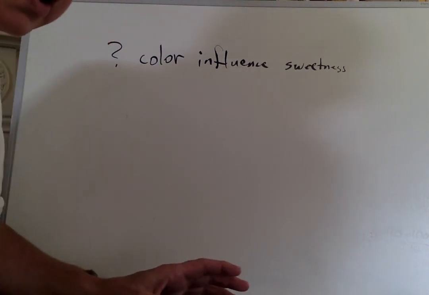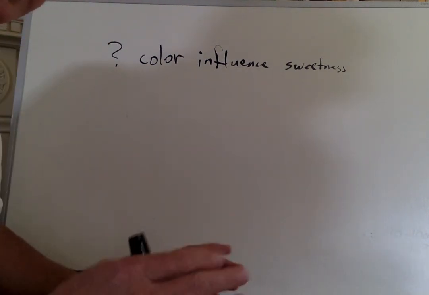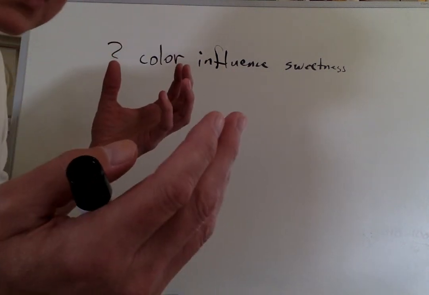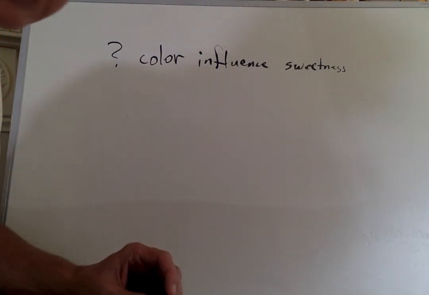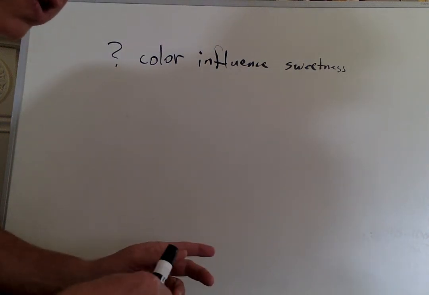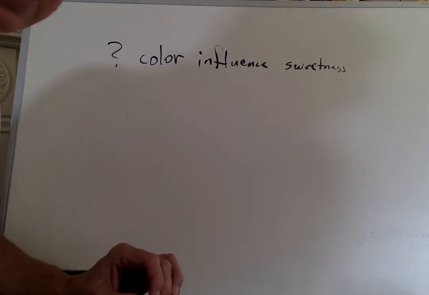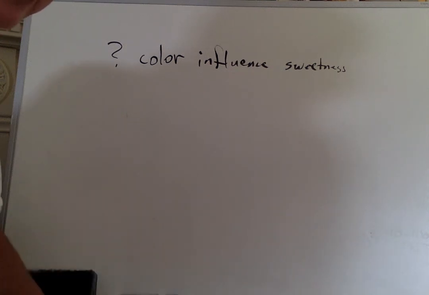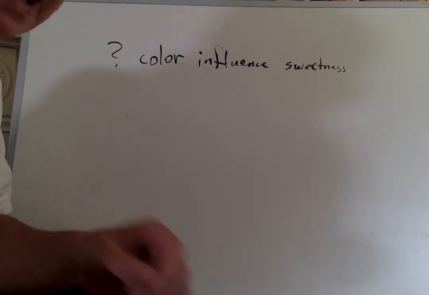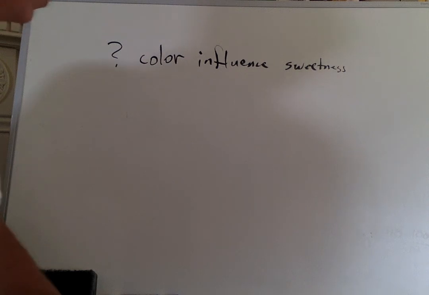It's just a color. It's made that way. There's no taste. If you blindfolded someone, they wouldn't know the difference between a red solution or a clear solution. But the question we wanted to ask is, when people see the red, does that influence how sweet they rate the solution to be?